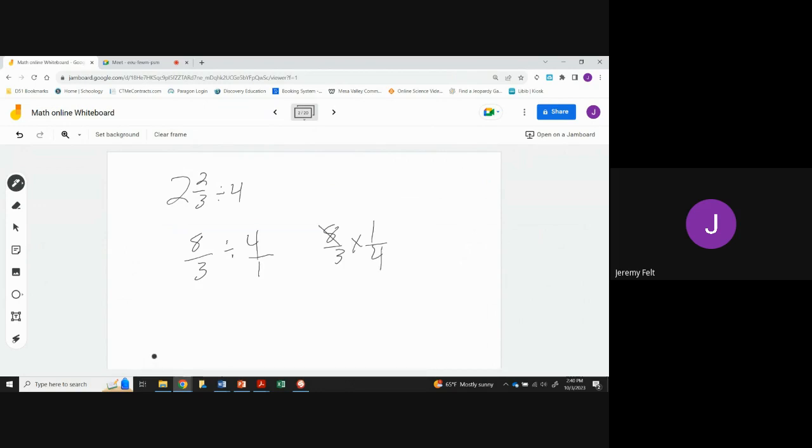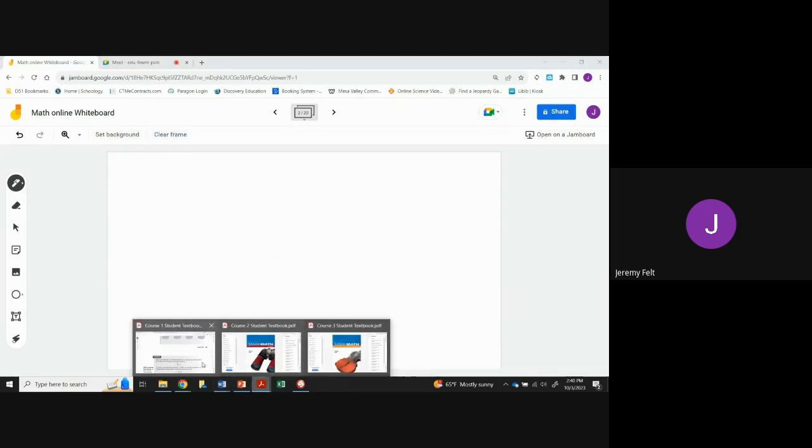Okay, and then 4 goes into 8, and 4, 2 times, 1 over 3 times 1, so 2/3. Again, keep, change, flip. We have to first get it into an improper fraction, and then we multiply by the reciprocal, and we don't have to reduce that because it is as reduced as it's going to get.